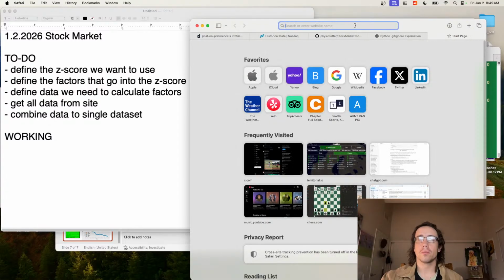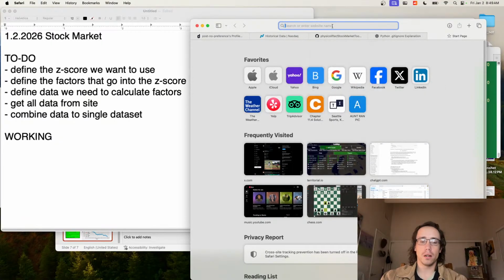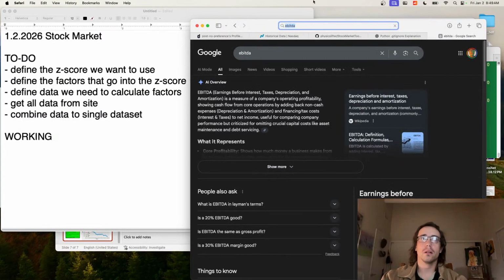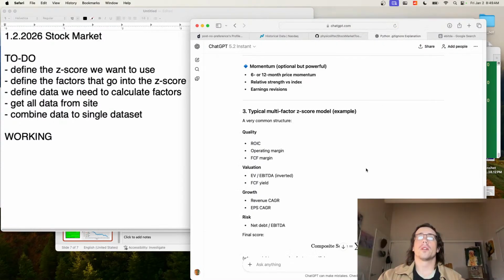EV, is that expected value? EBITDA. Earnings before interest, taxes, depreciation, amortization. Okay.